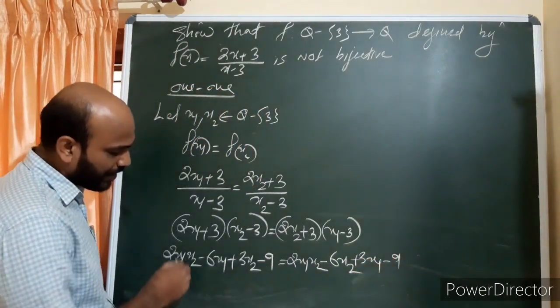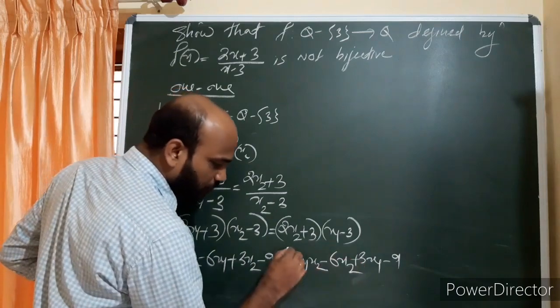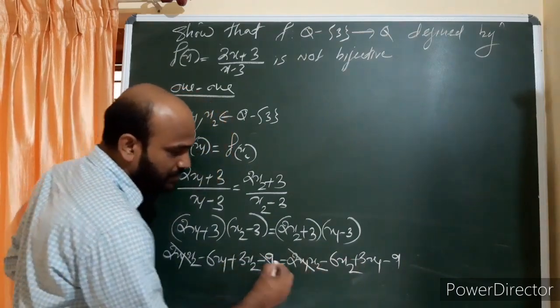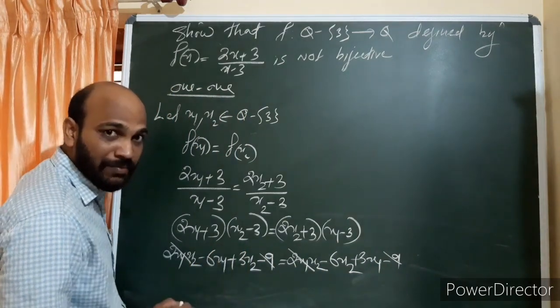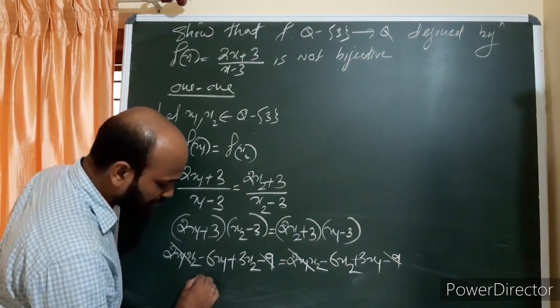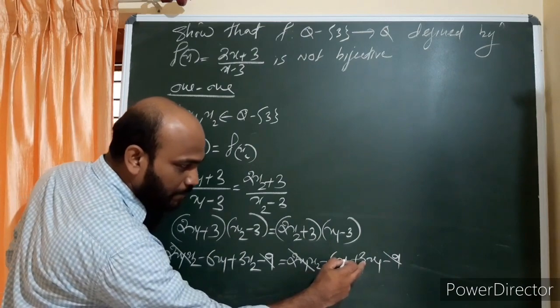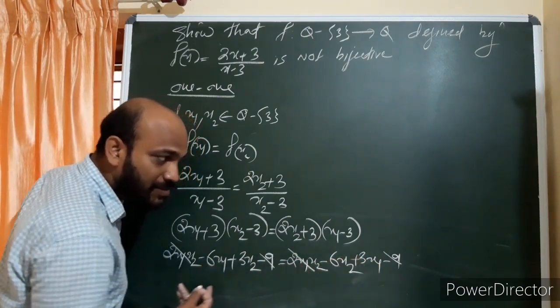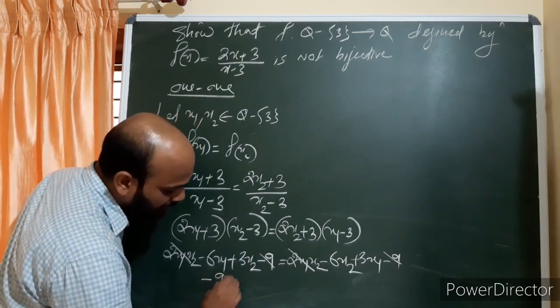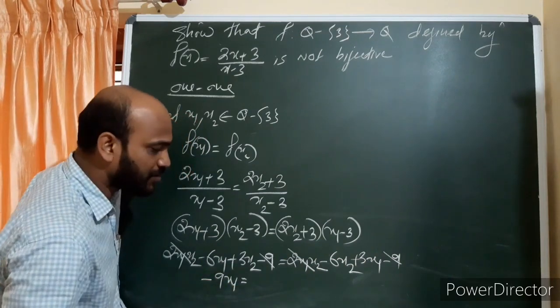So you can cancel 2x1x2 from both sides, and minus 9 from both sides. Now you have to take all similar terms to one side. So minus 6x1 and plus 3x1 we can take to the left hand side. So minus 6x1 minus 3x1, we will get minus 9x1 on the left hand side.